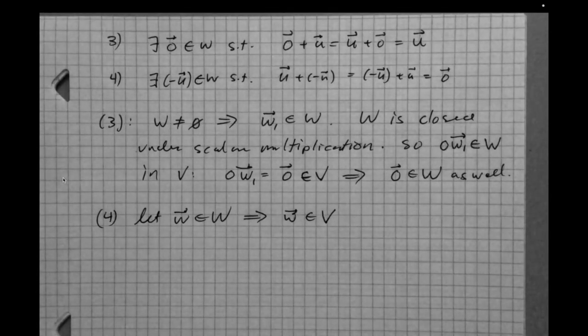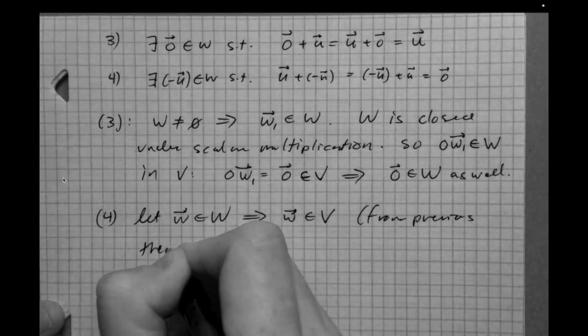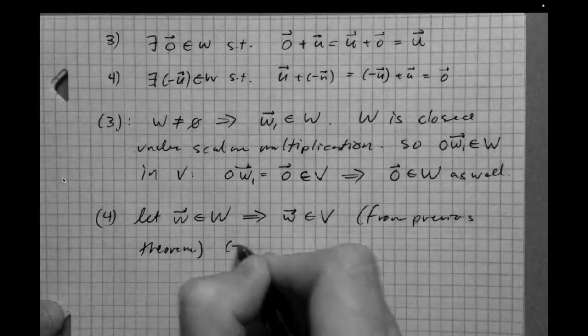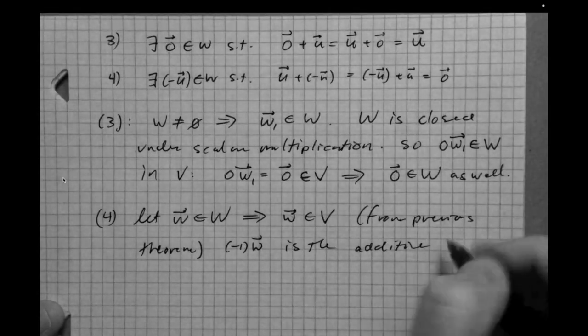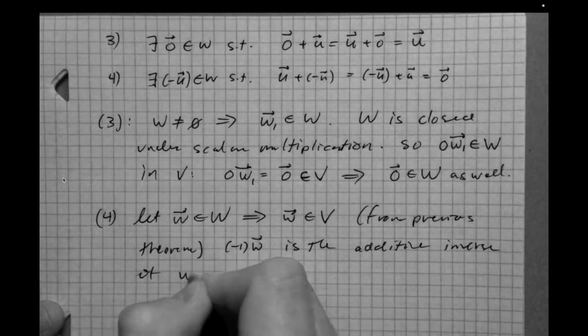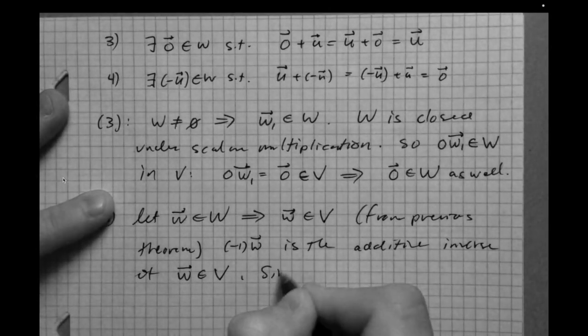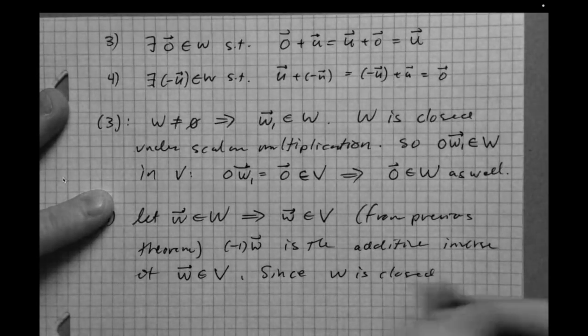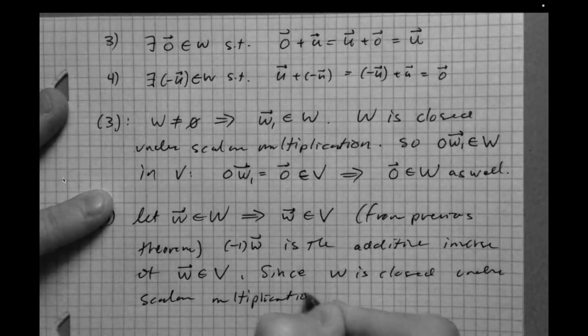Now, previously we had a theorem that said, from a previous theorem, -1, the scalar, times w is the additive inverse of w in the vector space V. Now, since W is closed under scalar multiplication, that closure property that we've assumed, what do we get?